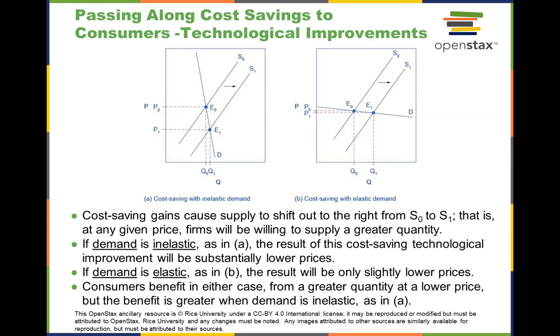Despite thinking that way, when we plot this out mathematically, we can see a result that is kind of surprising. On the left-hand side, remember that inelasticity is when you have this steeper slope. Elasticity is when it's flatter and there's less of a slope. So when a new technology, for instance, is introduced for an inelastic product, if we're moving it about the same distance here, you can see that the new supply curve, which is S1, has a much lower price that you can possibly pass on to the consumers.